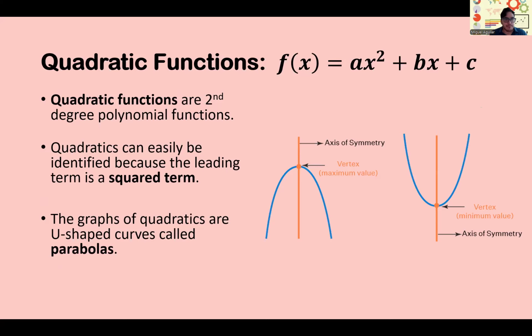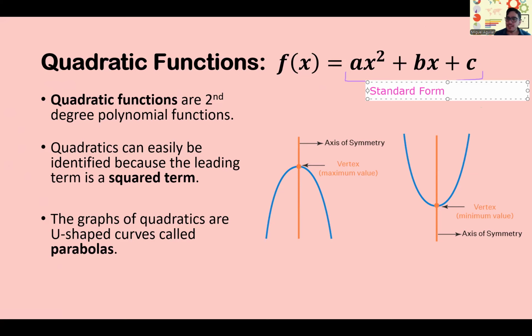So first, a quadratic function is a function that takes the form f of x is equal to ax squared plus bx plus c. Okay. So we call this the standard form of a quadratic function. I'm just going to type that on the screen so I don't have to write it with my mouse.